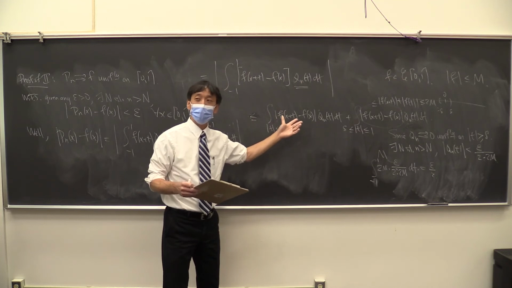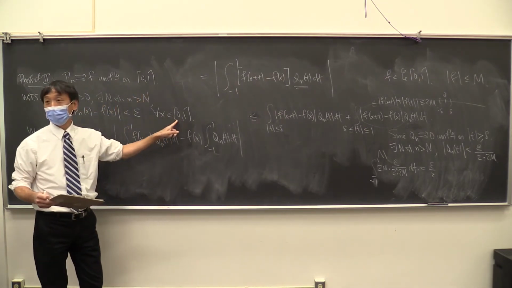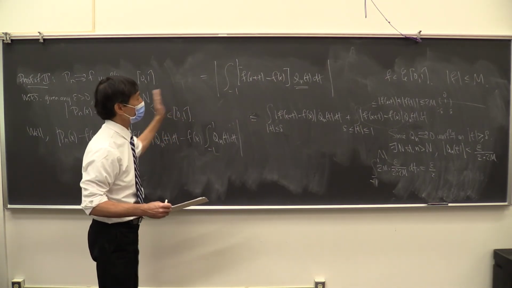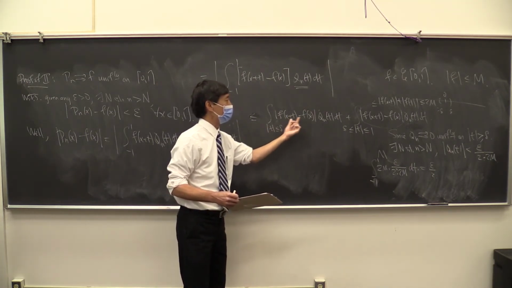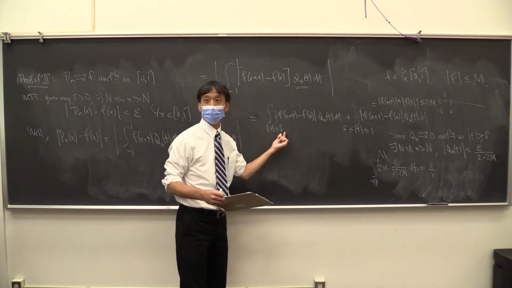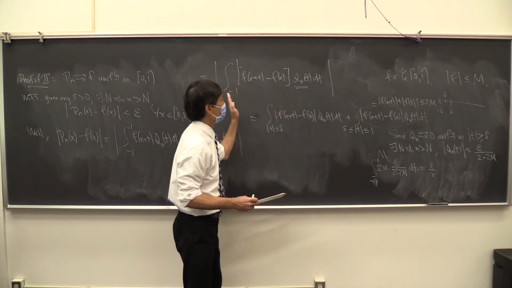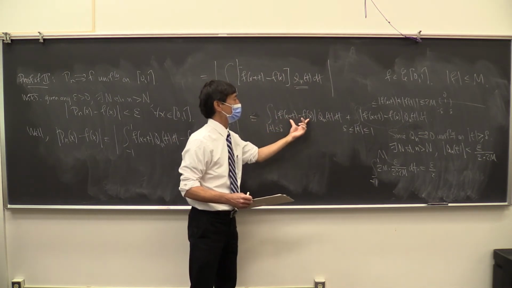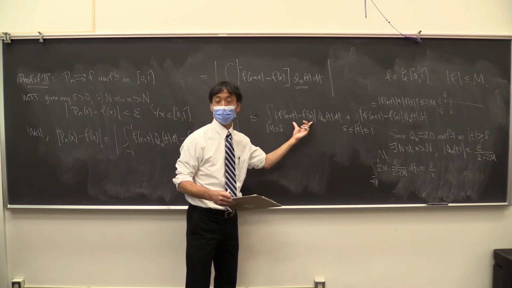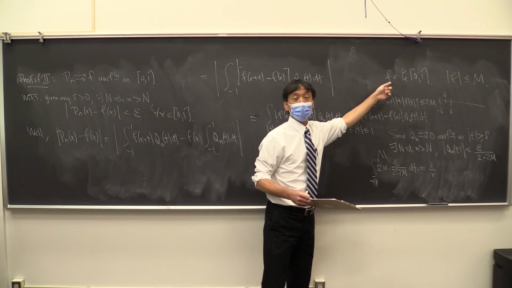Continuity, not just continuity, but uniform continuity, because x could be anything in 0, 1. As long as we have control over the difference of values, given that the points are within delta of each other, which is uniform continuity, then we're good. And we do have uniform continuity because we're a continuous function on a compact set.